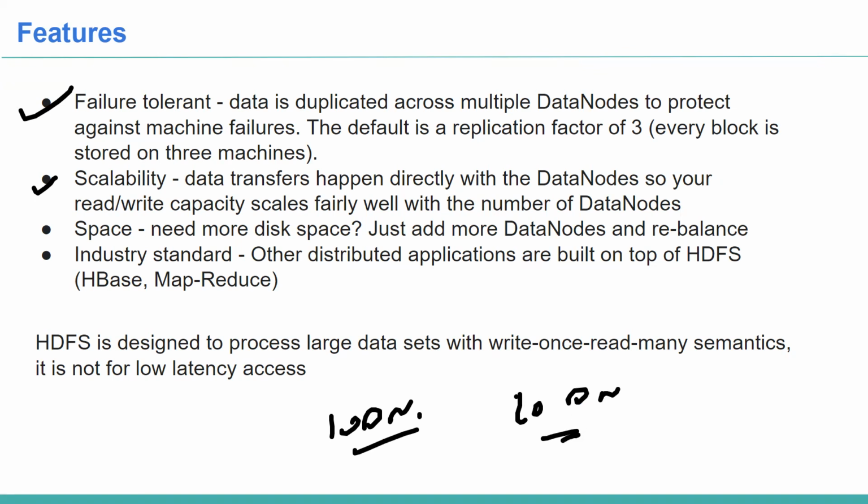So we call it commodity hardwares. So these data nodes are very cheap in nature, so we are easily able to scale such data nodes. So whenever we need new disk space, we can add more nodes and we can rebalance.